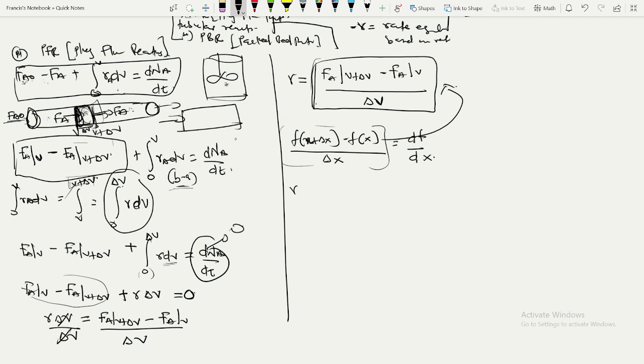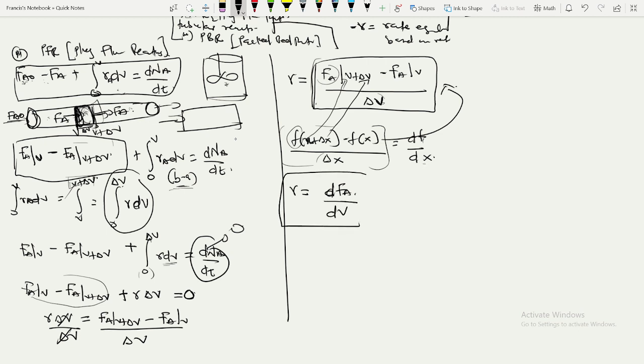So you can say our r here will be equal to dFA, so this is our f, so this is our FA here. Our x here represents our V, and our change in x here represents our change in V. All over change in V, change in x. So this mimics this, so it becomes df over dx, so all over dV.